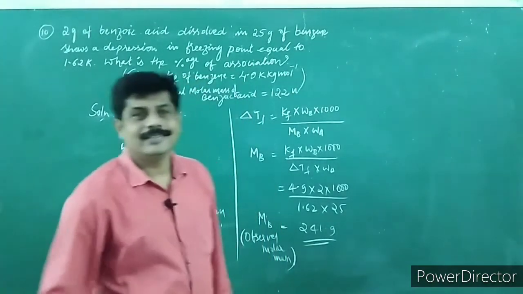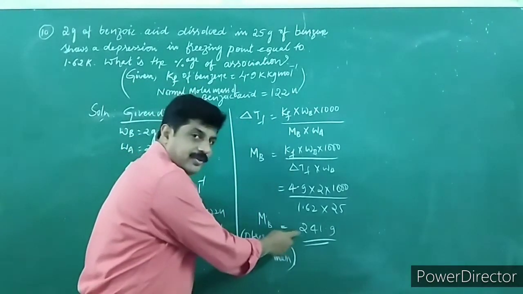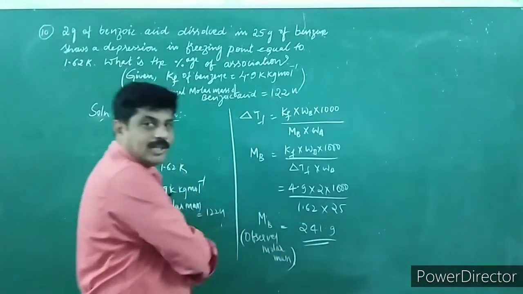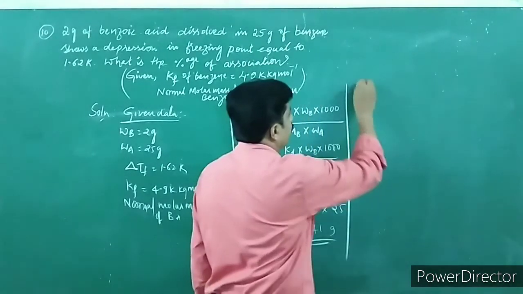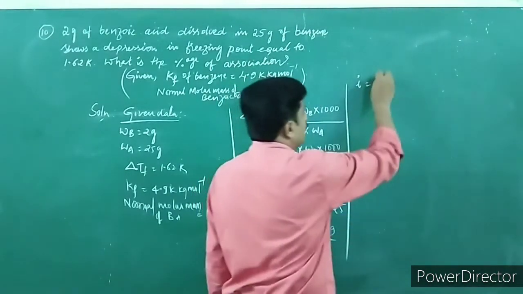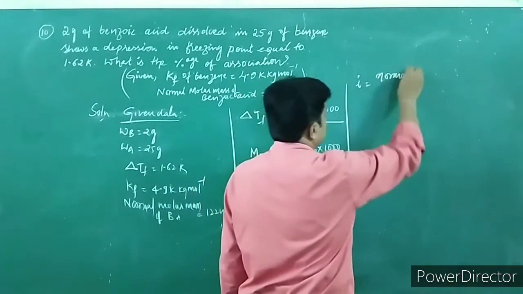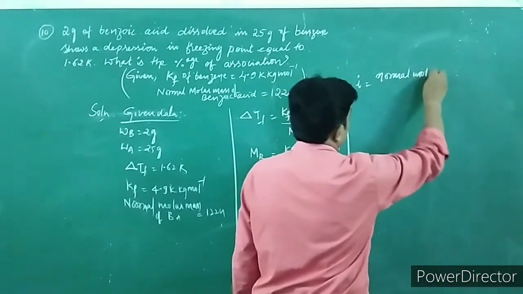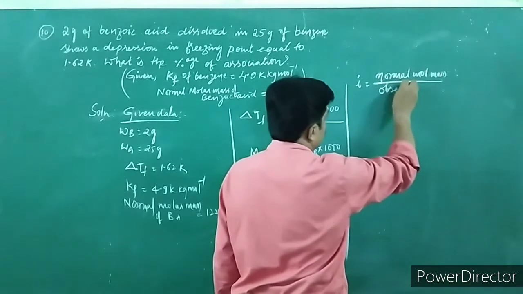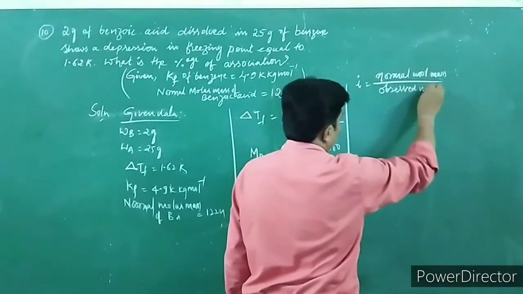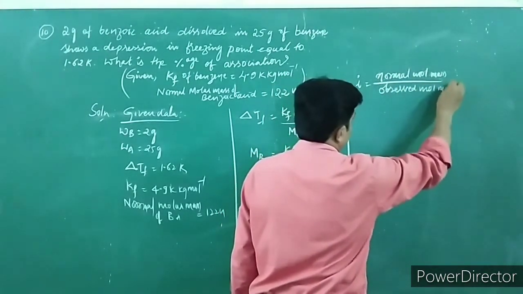Hope you got it. Children, once you find out this observed molar mass, you know normal molar mass. Now you have to find out Van 't Hoff factor. Now i is equal to, you know that, normal molar mass upon observed molar mass.